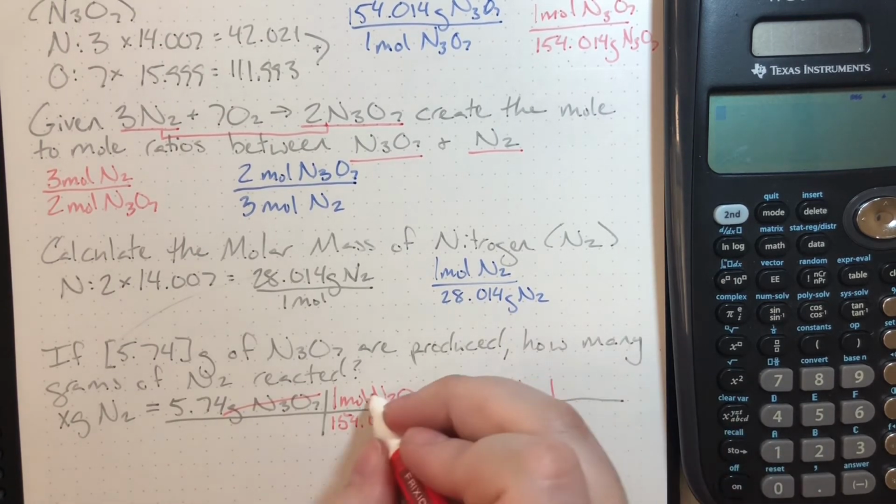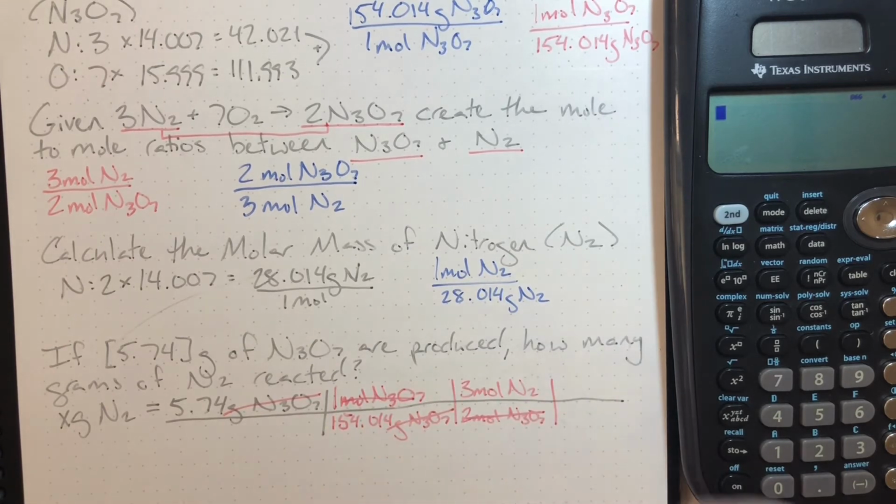Moles of trinitrogen heptoxide will cancel out, leaving me with moles of nitrogen. This is not the unit that I want, however, it is the correct molecule type. So I am very close, and all I need to do now is choose the conversion factor that will allow me to get from moles to grams.